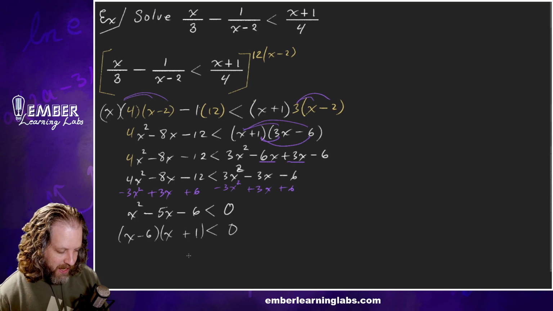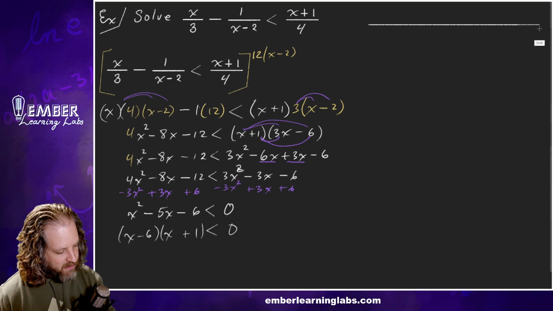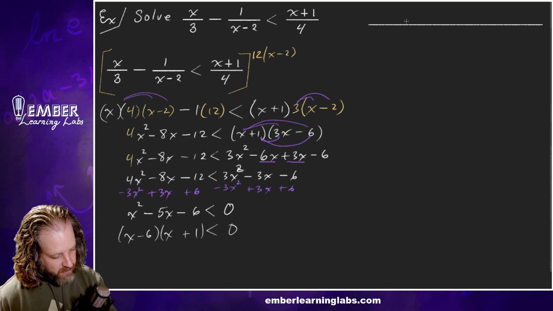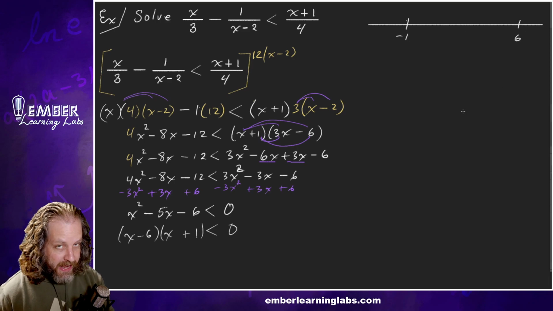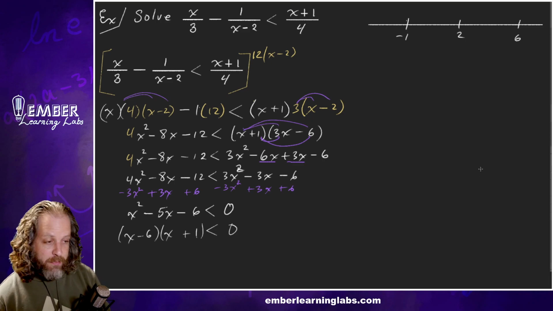So the places we're testing, to see what the range of possible answers is, are negative 1, positive 6, and positive 2. Why positive 2?